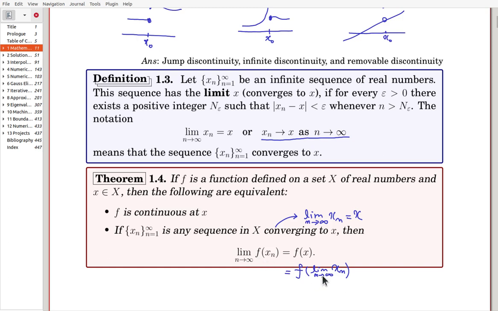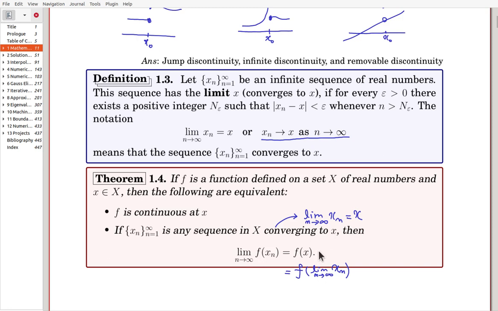For this one, first the limit is applied to the sequence, and then f is applied. For this one, the function value is applied to every point, and for those function values we are taking the limit. Either way, this value must be the same once the original sequence is convergent.